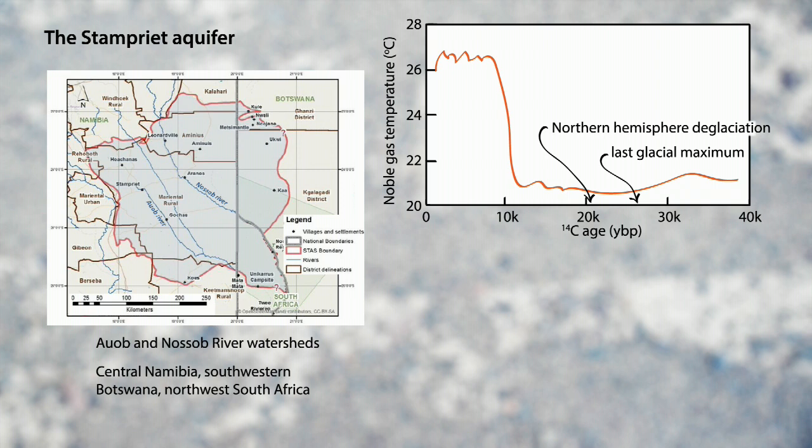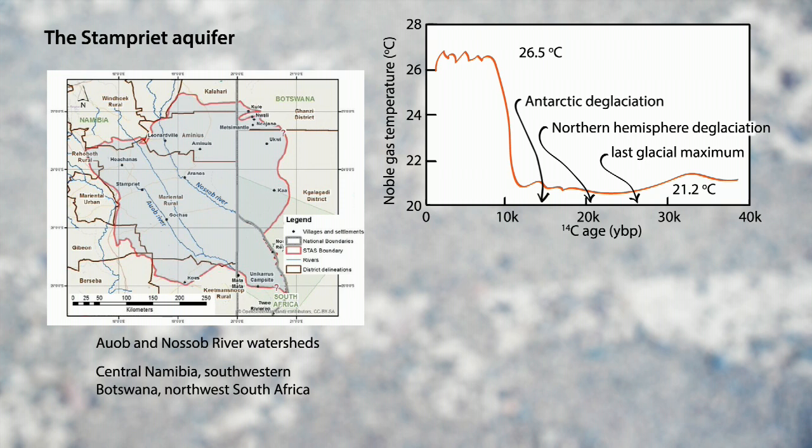Deglaciation lagged somewhat in the southern hemisphere. Even though Africa itself never experienced any glaciation during the last ice age, Antarctic deglaciation commenced roughly 14,000 years ago. So, this marked warming from an estimated temperature of around 21 degrees Celsius, up more than 5 degrees to more than 26 degrees Celsius, reflects the global warming that accompanied the end of the latest ice age.